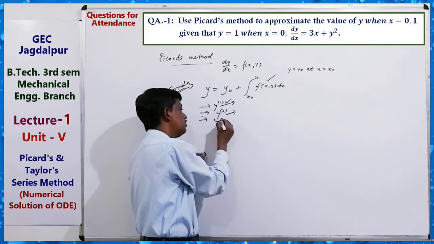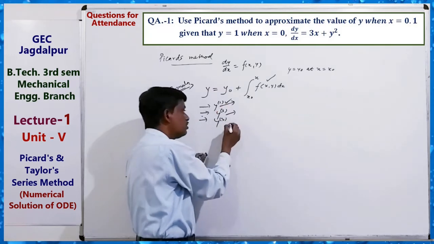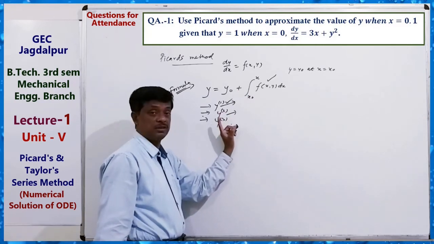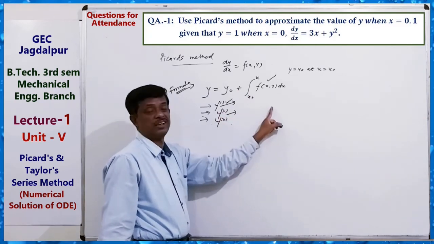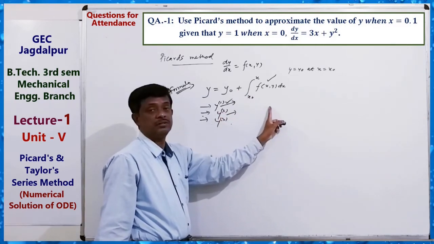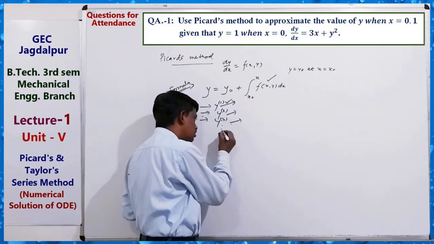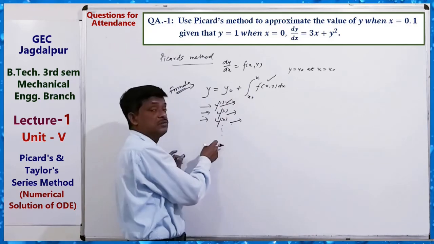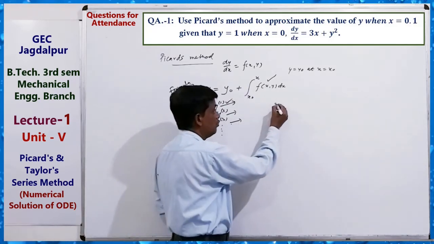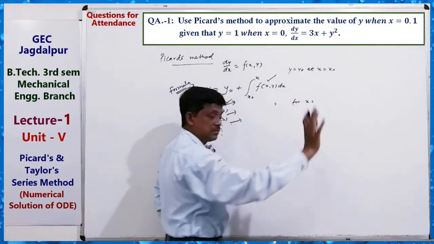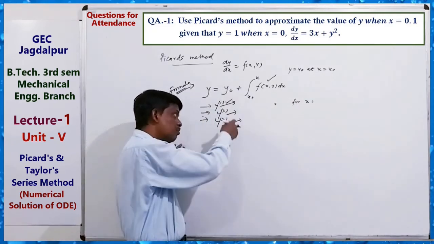Similarly, we can get the third approximation. For the third approximation, use this formula, and in place of y just put what? y2, the value in terms of x. And you can get the third approximation. Similarly, you can continue, and at each approximation, find the value for a particular value of x.